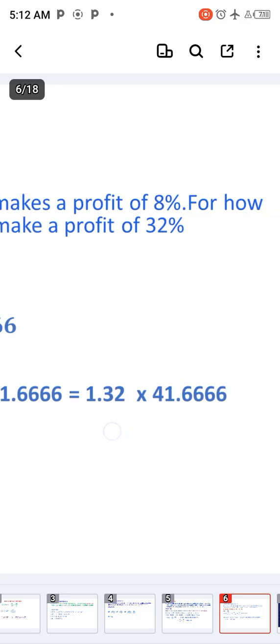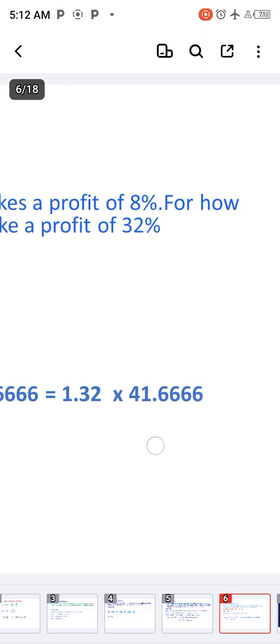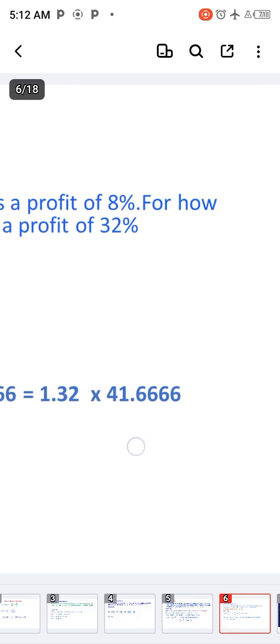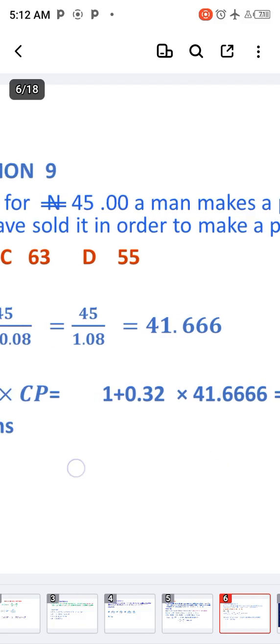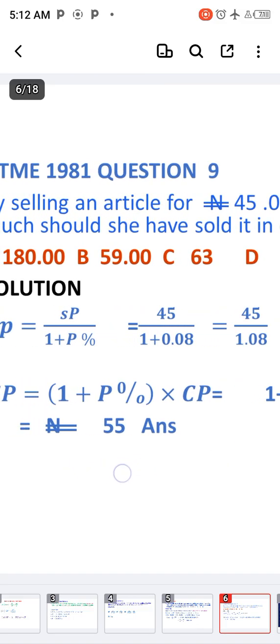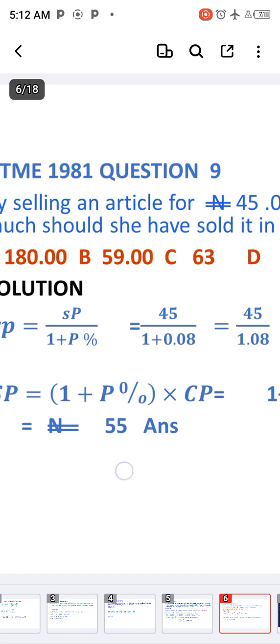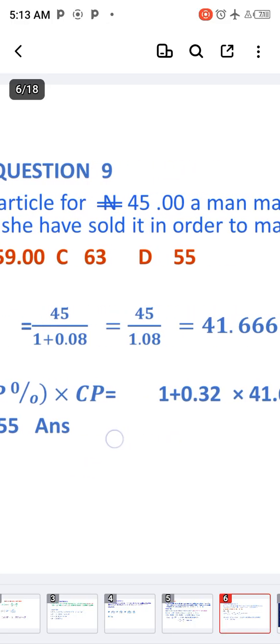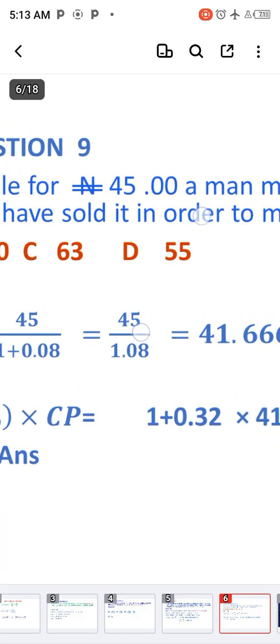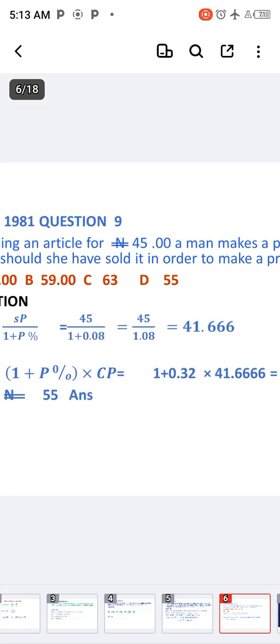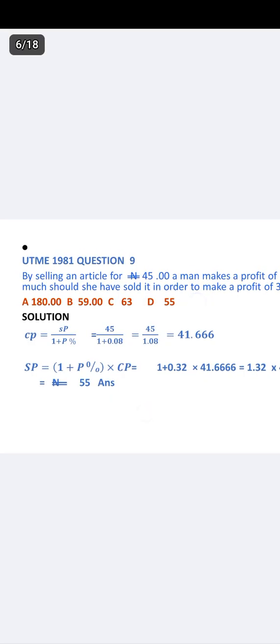That eventually gives you 1.32 times 41.666. And we arrive at the selling price of 55 naira. So the article will be sold at 55 naira to make a profit of what? 32%. And the right option is option D. Option D. Let's fire on.